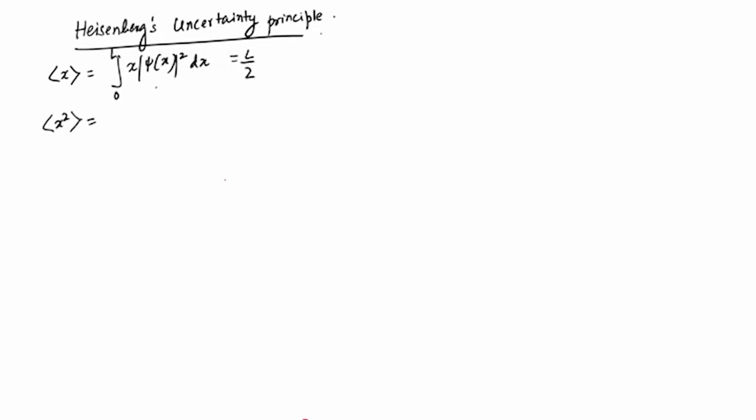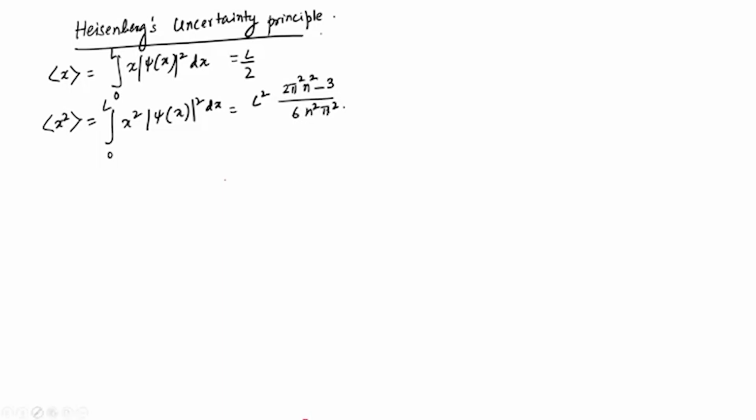So, I go back to the old problem, which is 0 to L, where the solutions are sin(n pi x by L). So, 0 to L again, x square times mod psi of x square, and you can again calculate this. This is equal to L square times (2 pi square n square minus 3) divided by 6 n square pi square, and so on and so forth.